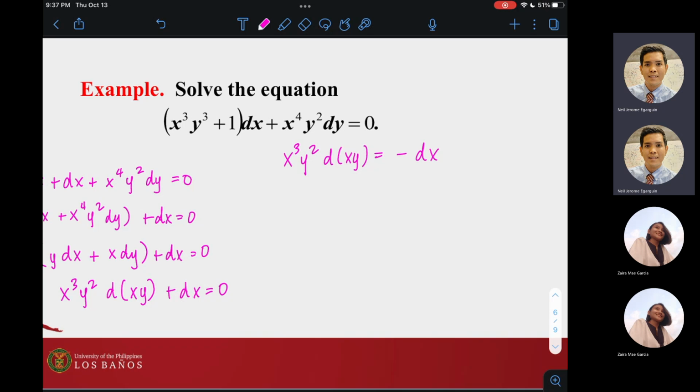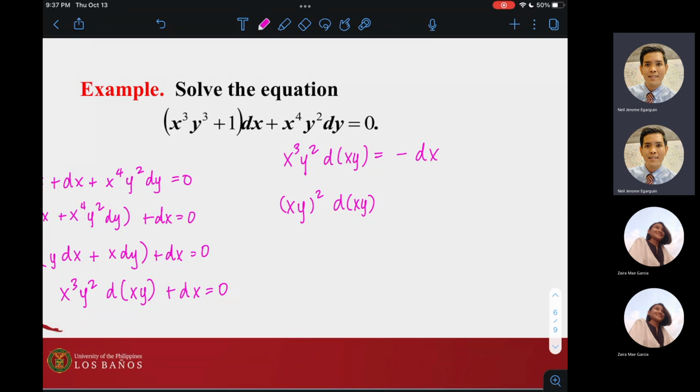Kaya lang, dun sa left-hand side, ang tinuturing ko as a variable ay si xy. So kailangan magkaroon ako ng isang function that has the xy combo in it, right? So pwede ko naman siyang gawin, magkakaroon ako ng xy, tapos naka-square nga lang. Which is fine because if you look at xy to be u, this guy is u squared. So meron kang u squared times du. Which is fine, madaling i-integrate yung u squared du. Kaya lang, ito ay x squared y squared.